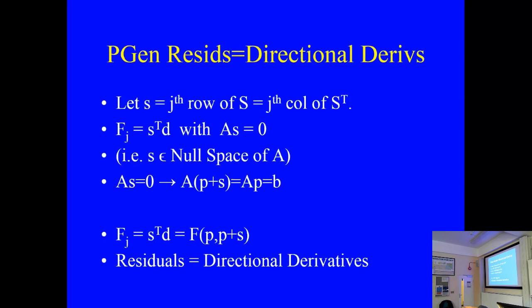If we let s be the jth row of S, and therefore the jth column of S transpose, we have in a particular component f_j that it is equal to s transpose d, and A s is equal to 0. s is in the null space of A, A s equal to 0 implies A(p plus s) equals A p equals b. We let f_j be s transpose d. It is a directional derivative at p in the direction of s.